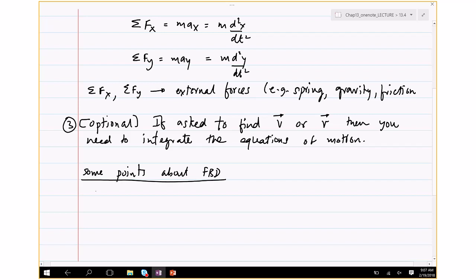Okay, so if you're asked to draw the FBD for this system, a mass moving on level ground, clearly there's a normal force, there's gravity.